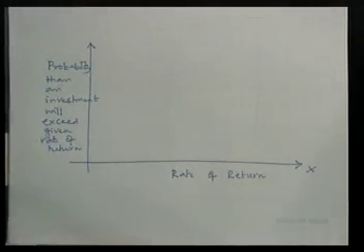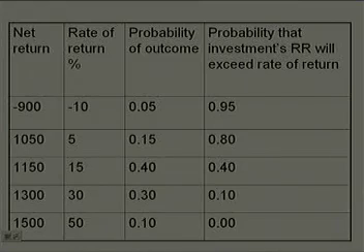If you look at this slide, it gives you the rate of return values in column number 2 and the probability values that the investment's rate of return will exceed the given rate of return. So, what we are trying to do in step 1 is plot these two column values.